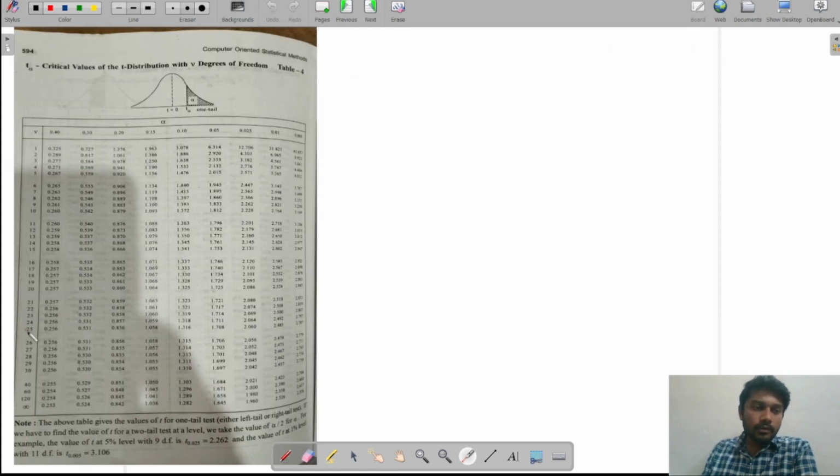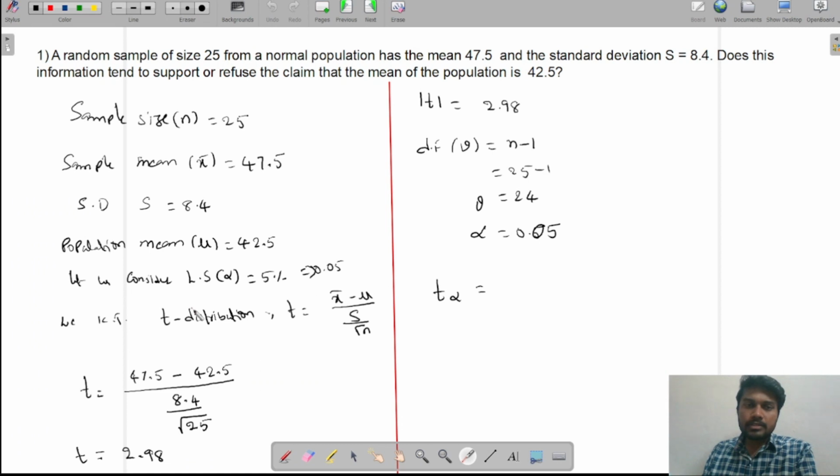So the 24 value is here. Then the combination of this 24 and this 0.05 is 1.711. Is it correct? Yes. So 1.711 is the value.